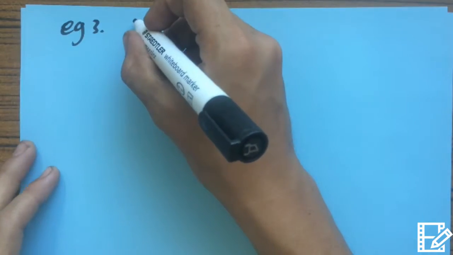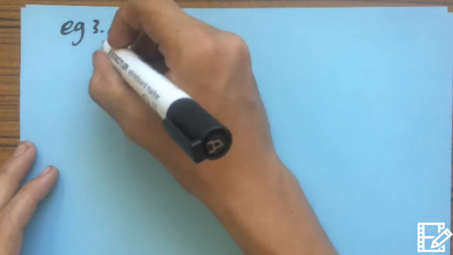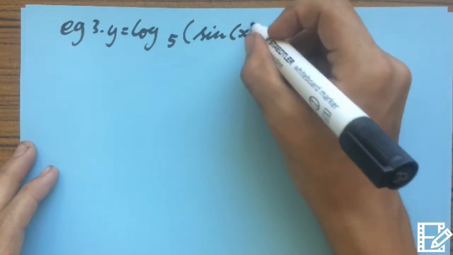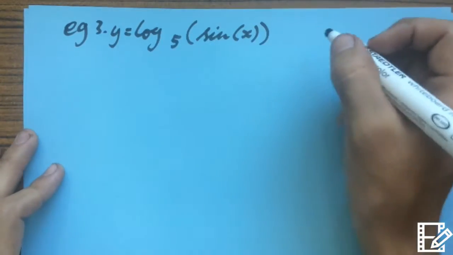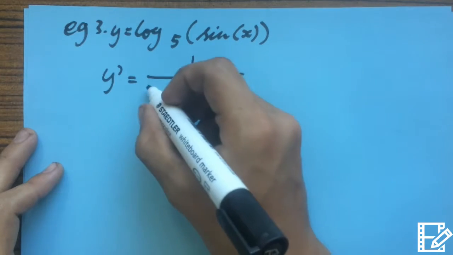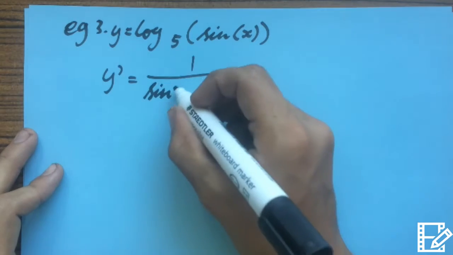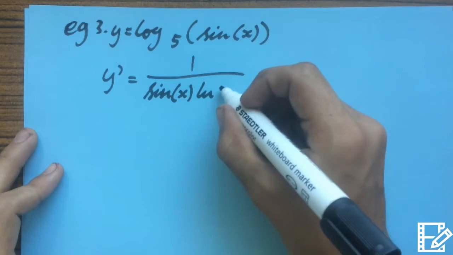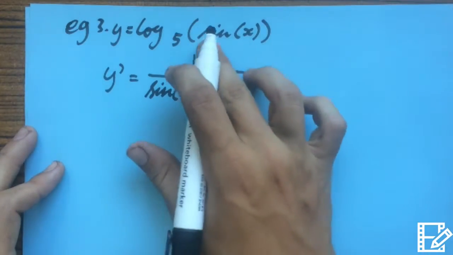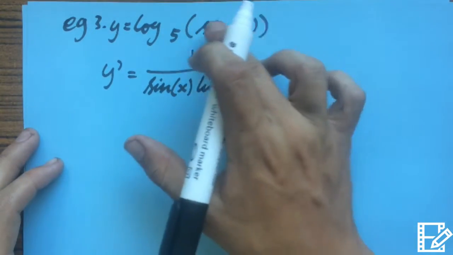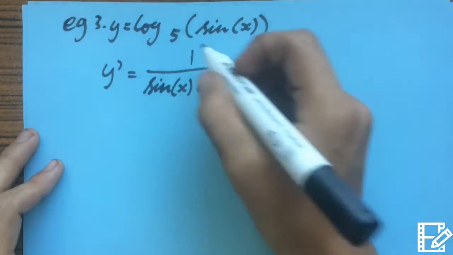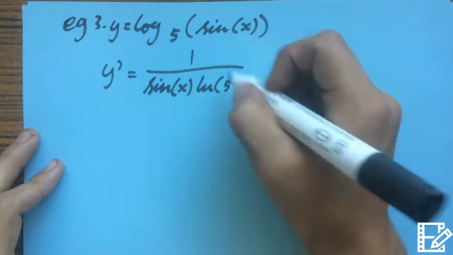Example 3. Say y equals log to the base of 5, sine x. Again, we derive the outside. Put the variable down here, or whatever's in the brackets, and multiply it by ln of the base. Just like before, this is what we're doing it with respect to, and that's what comes down here and multiplies onto ln of the base, all under 1, obviously.